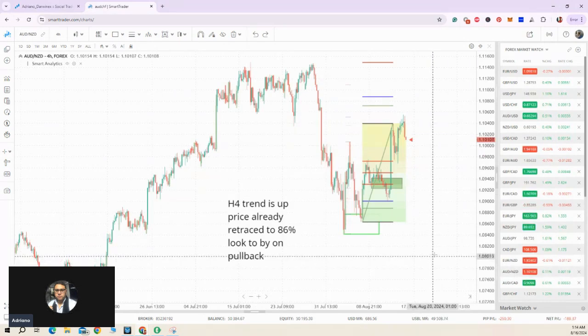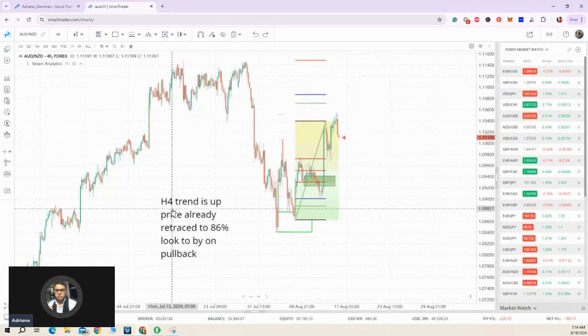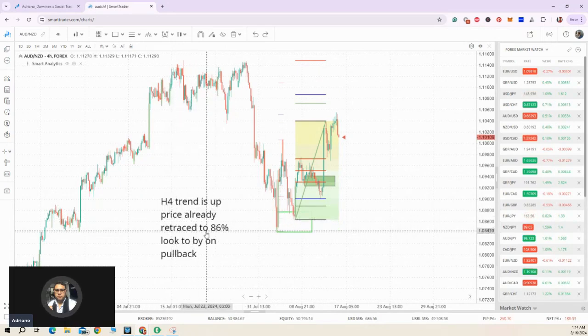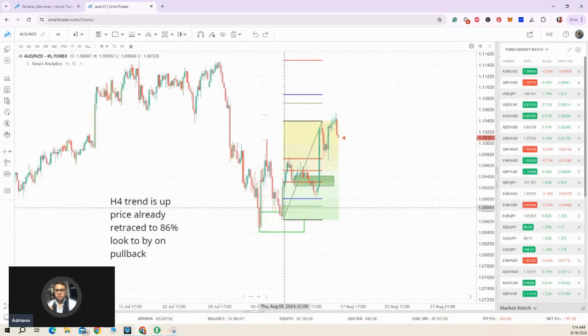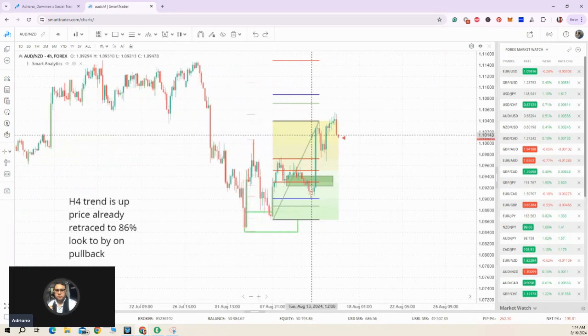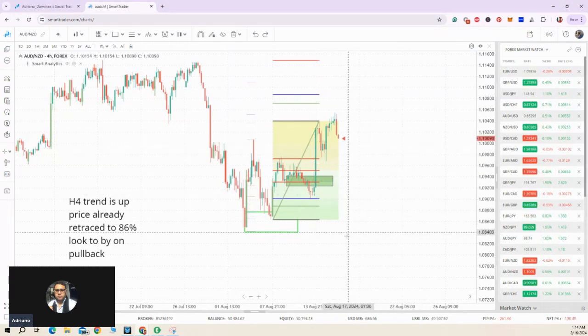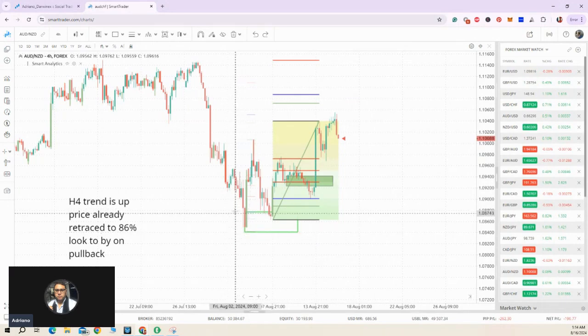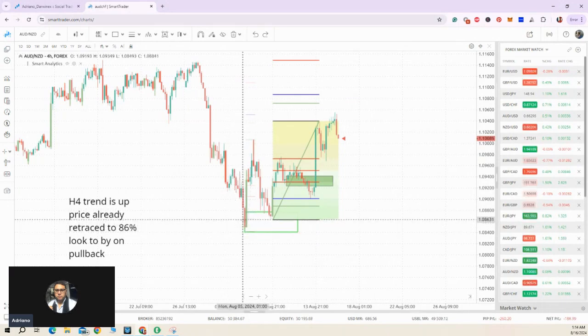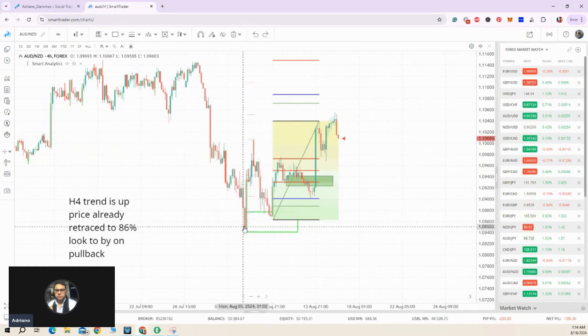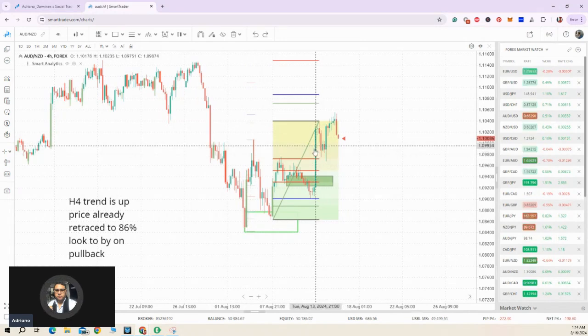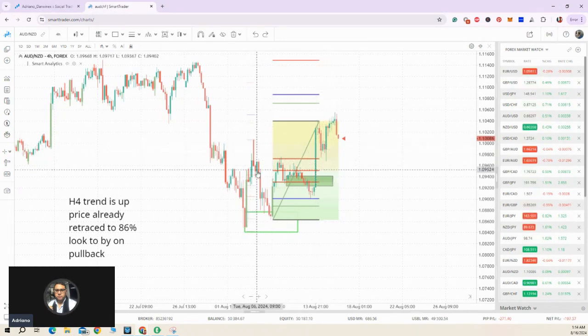AUD. So H4 trend is up. Price already retraced to 86%. Look to buy on a pullback. So A, B, what is it? Oh, okay. I was talking about this one here. You see it? A, B, C. So don't look at this right now. Look back here.